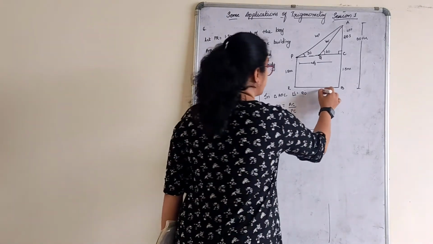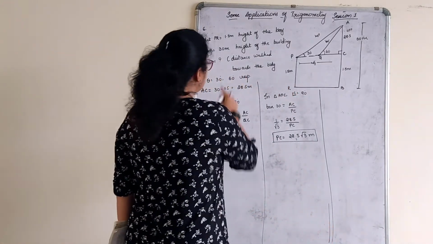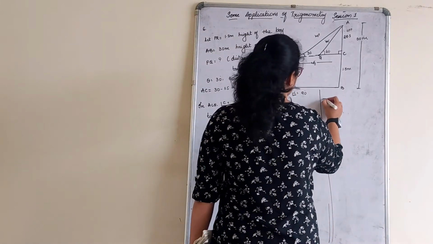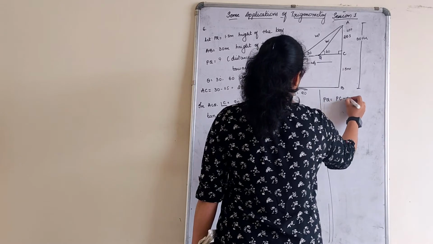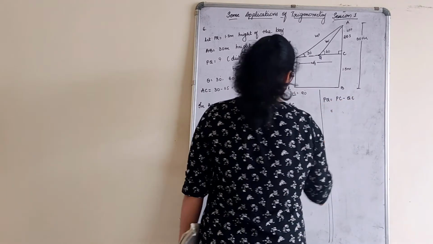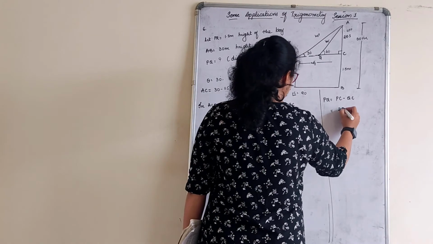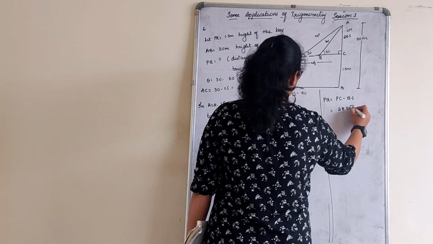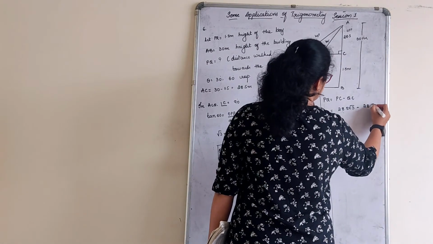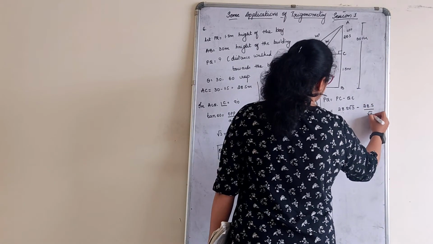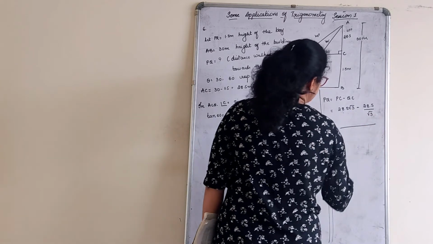Now, the distance the boy walked is PQ. PQ is equal to the whole PC minus QC. PC is how much? 28.5 root 3 minus 28.5 divided by root 3. Take root 3 as the LCM.